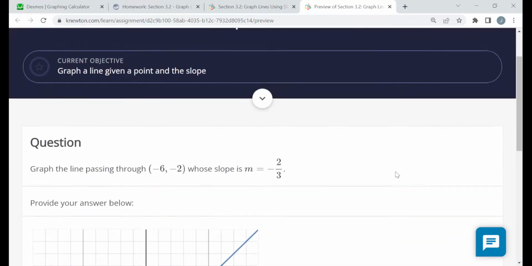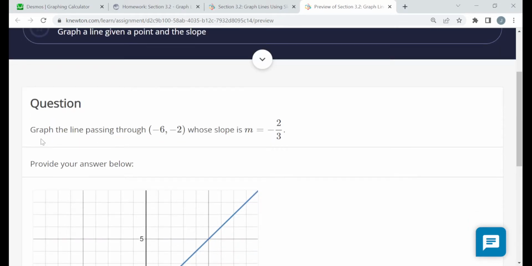Okay, so the first objective I'm looking at is graph a line given a point and the slope. So for this one here, we're asked to graph the line passing through the point -6, -2, and whose slope, which is usually represented by a lowercase m, is -2/3.